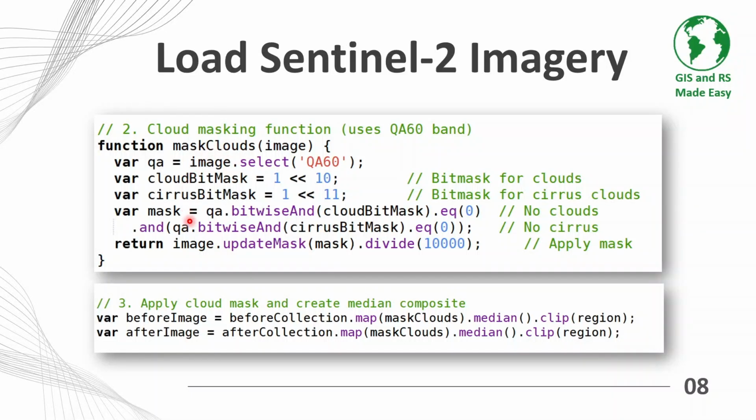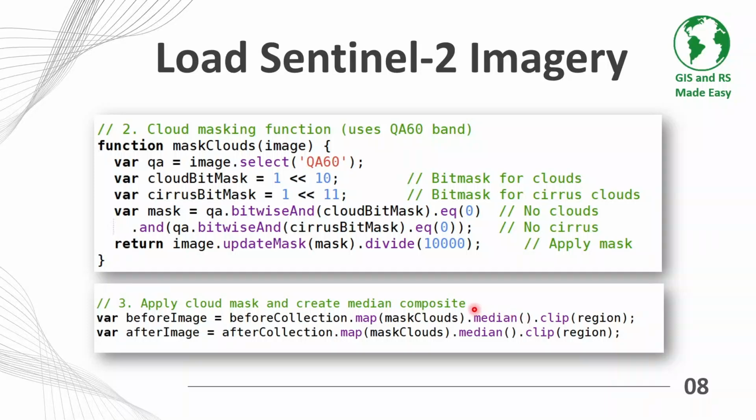Then all this cloud and cirrus bit mask cloud masking operation is done. Then it returns the image with masking and dividing by 10,000, and then the second image, then the third image. It's something like a loop. It takes one input at a time and does the processing, and then the next. Now we have the cloud masked image.